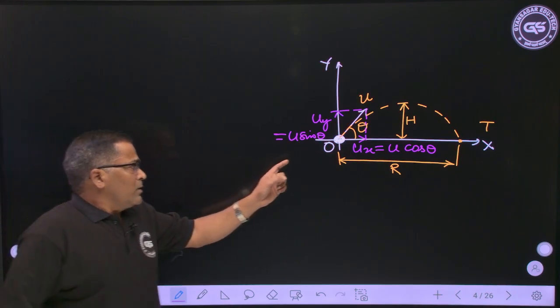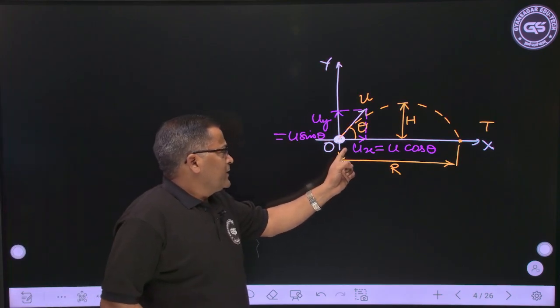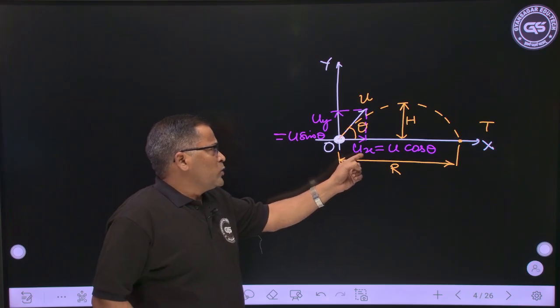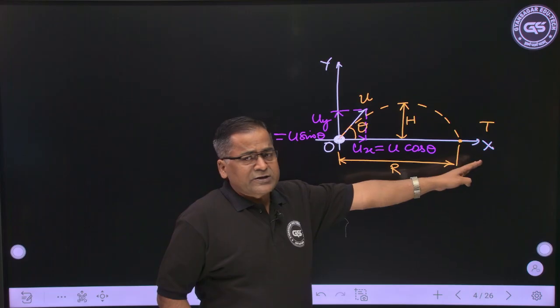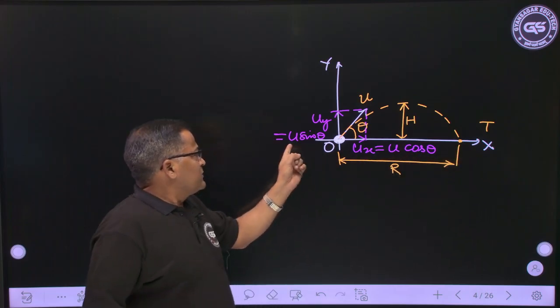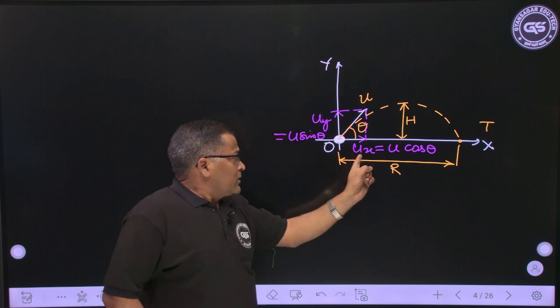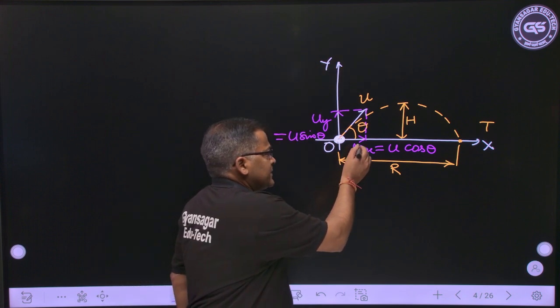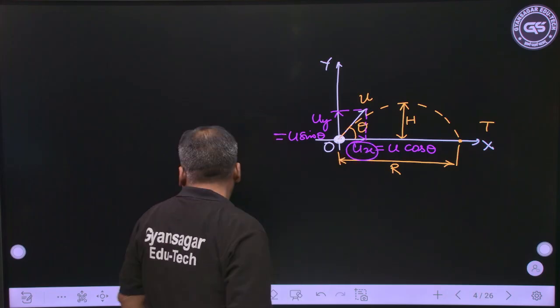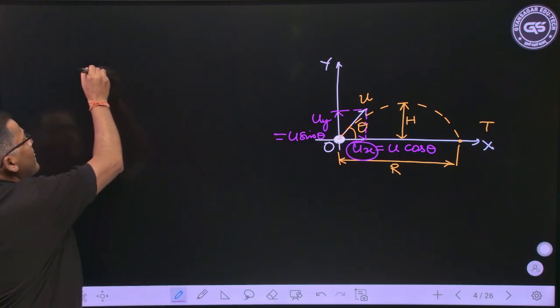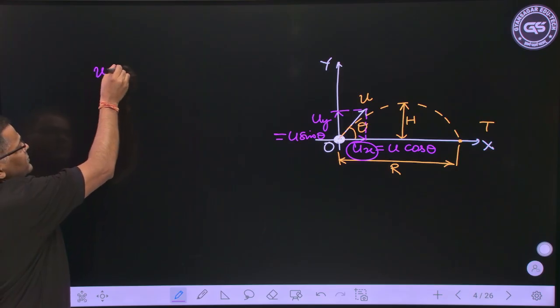So because of this velocity ux, the body moves in x direction. Because of this velocity uy, the body moves like that. This velocity ux remains constant.